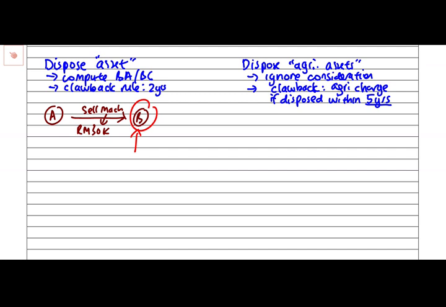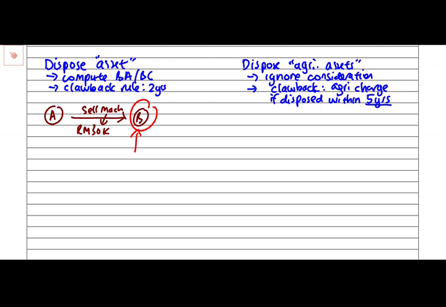If B buys over your machine, what will happen to B? I have the machine, so if I sell the machine to her, what will happen to me? BA/BC, right? What will happen to her after she buys my machine? She will claim IA and AA because she's buying a machine from me, so she'll start claiming capital allowance.